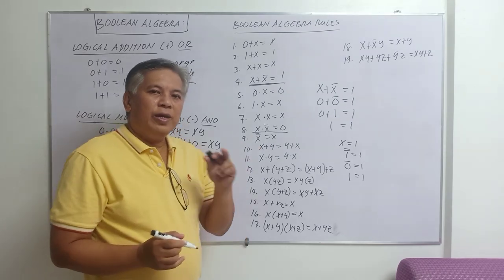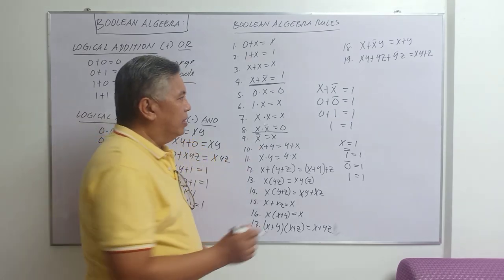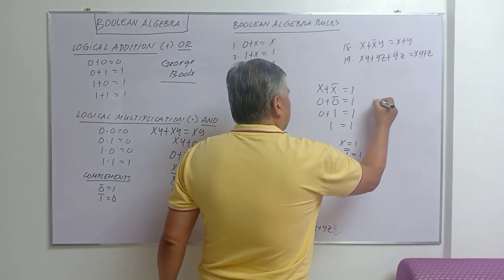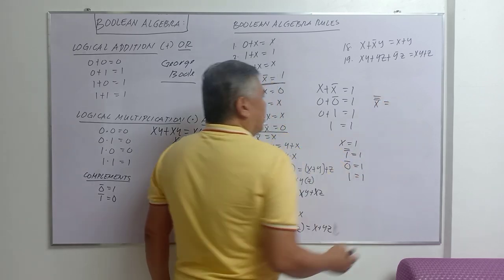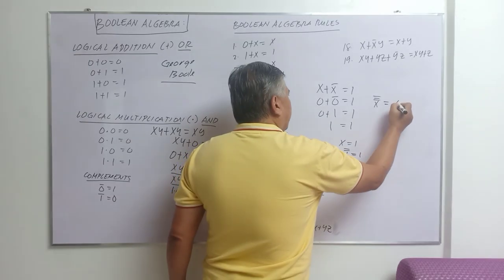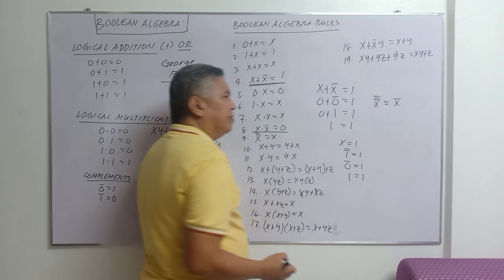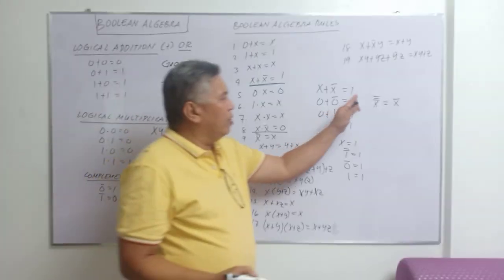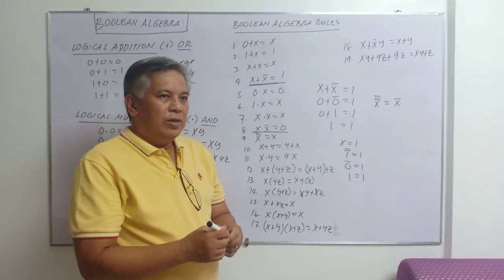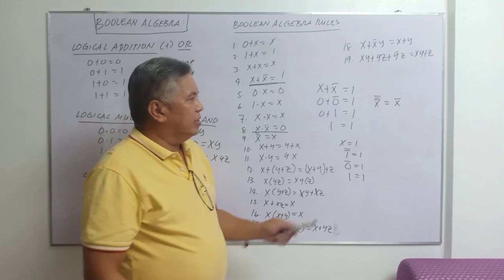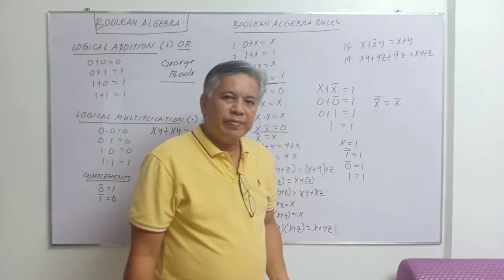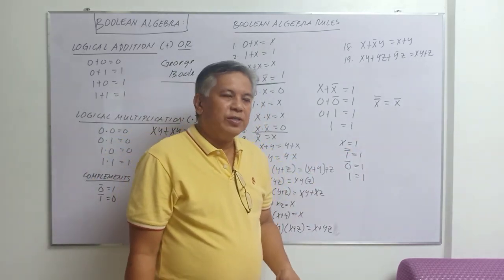How about if you have x triple complement? That is x triple complement. This one here is equivalent to x complement. So, if the number of complements is odd, then you have x complement as your final answer.